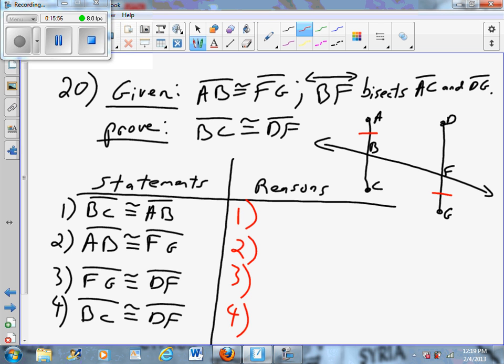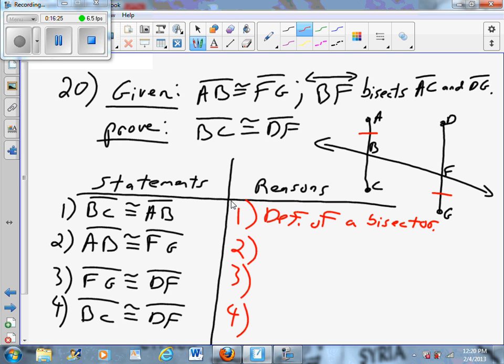You're close. I want something a little closer to the heart of the matter. If you said definition of a midpoint, I would accept that, but I would rather see definition of a bisector. Bisectors do intersect at the midpoint, but it is a bisector that we have.